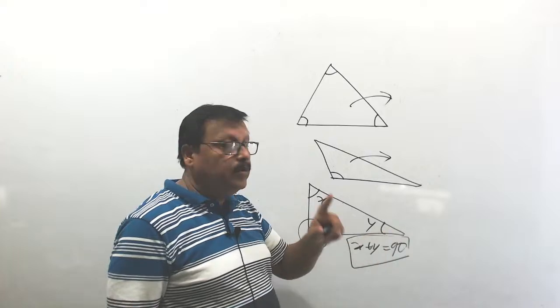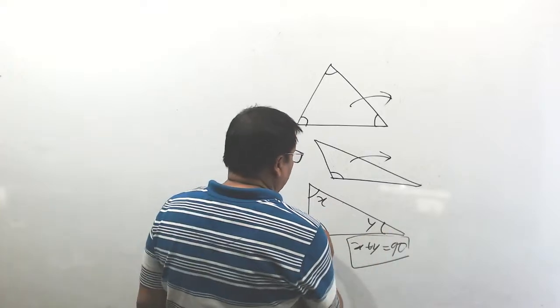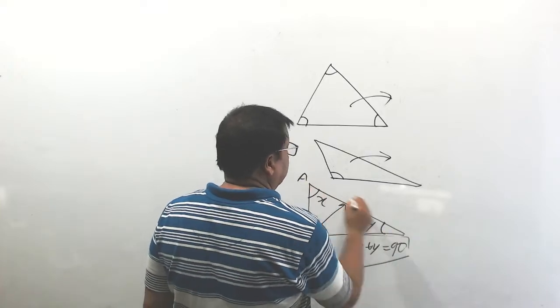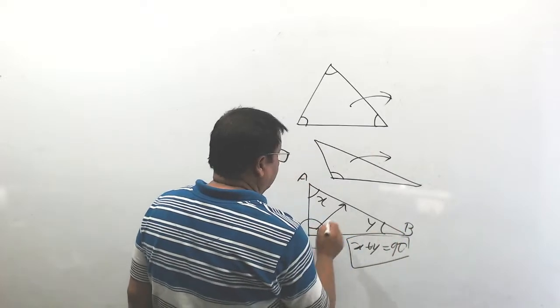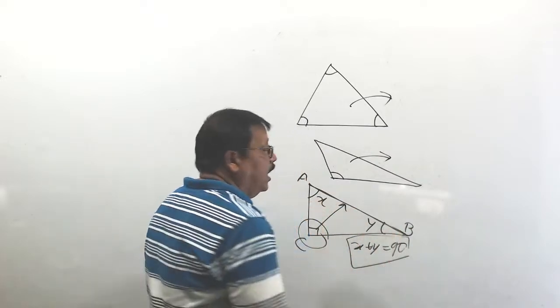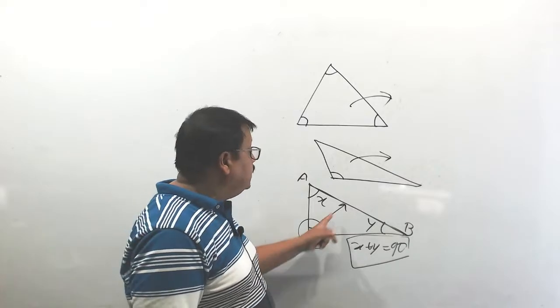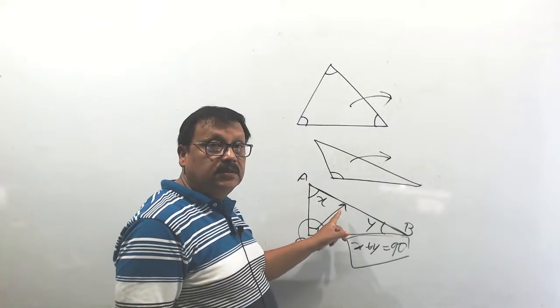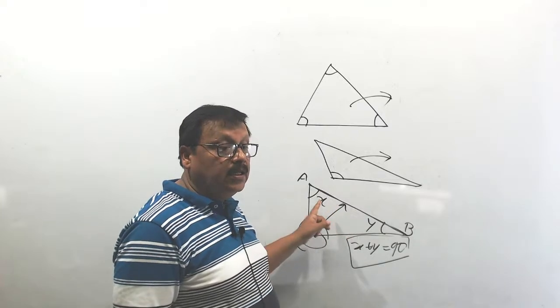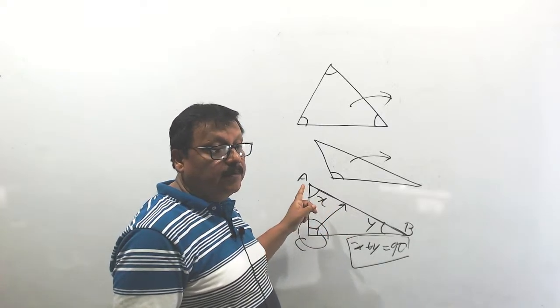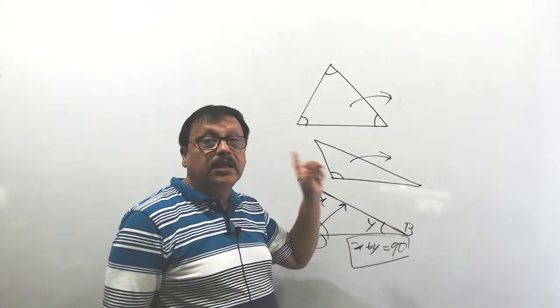Remember. And one more thing for a right angle triangle, the opposite side, say AB, this is called hypotenuse. The opposite side of the right angle in a right angle triangle is called hypotenuse.